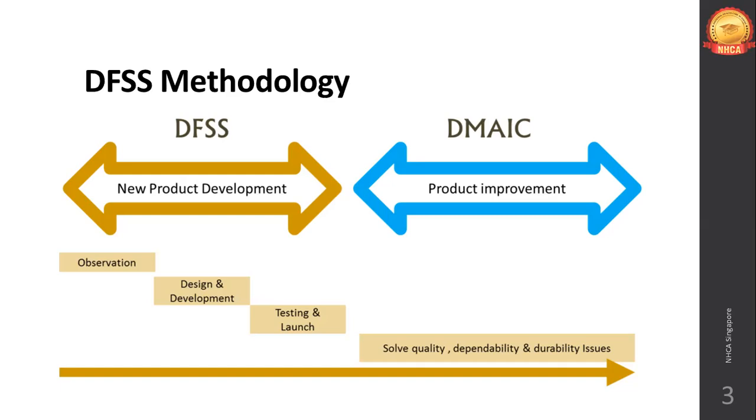You want to build a new complex there, so from the ground up you're building a completely new building. It could be a yoga center or an Ayurvedic center, integrating different medical sciences together. So from the ground up, you are creating a completely new service or process. In this situation, you will use DFSS.